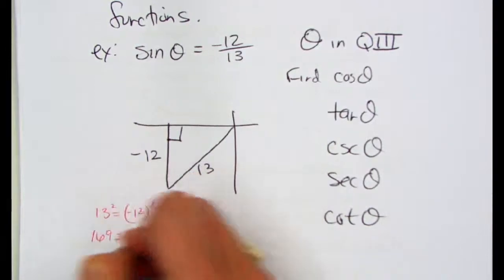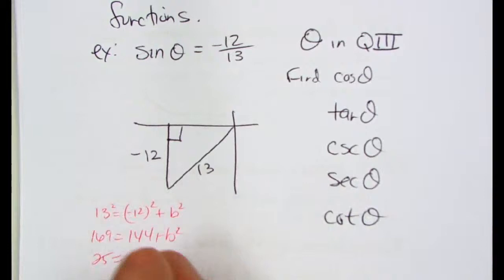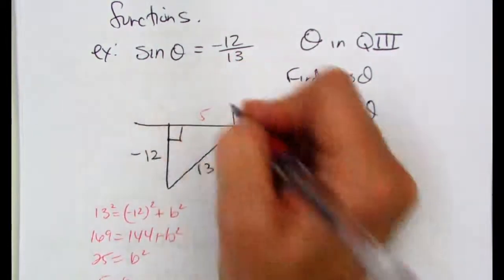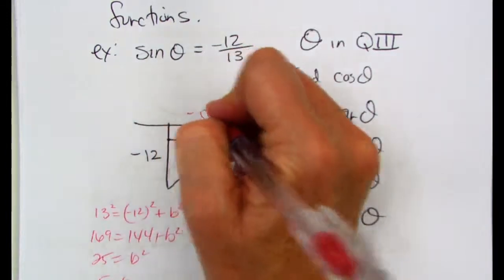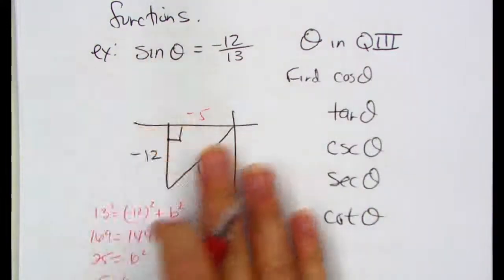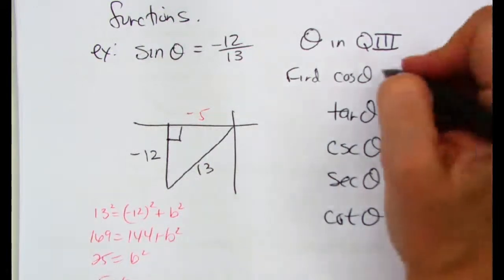That's 169 equals 144 plus b squared. So b squared is 25, 5 is b. And tell me about that 5. It's got to be negative. Now that I've got it all set up with all the proper signs, because it's a quadrant 3 right triangle, now I can do all of this.